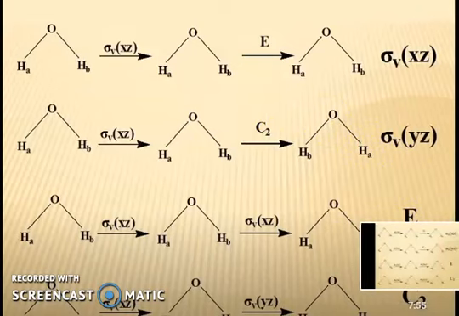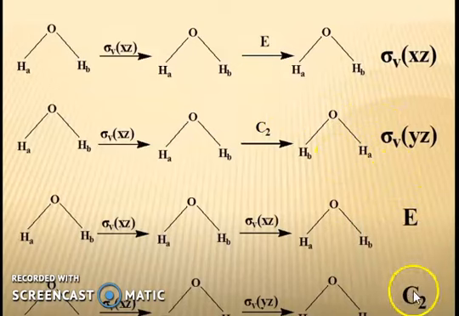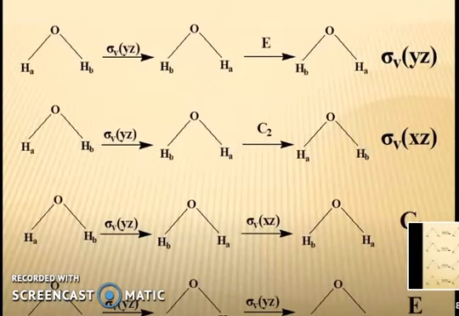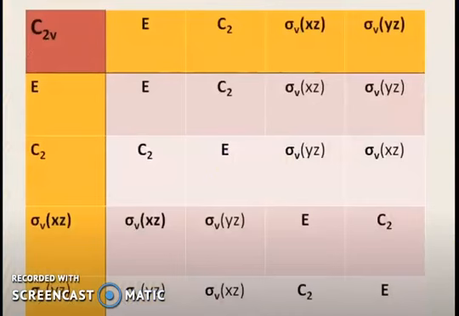Then we have to fill one more row, which follows the same properties, with sigma V prime, C2 and E obtained as the result. On filling all this in: E into E is E, C2 into E is C2, sigma V into E is sigma V, sigma V prime into E is sigma V prime, and E into C2 is C2, and so on.